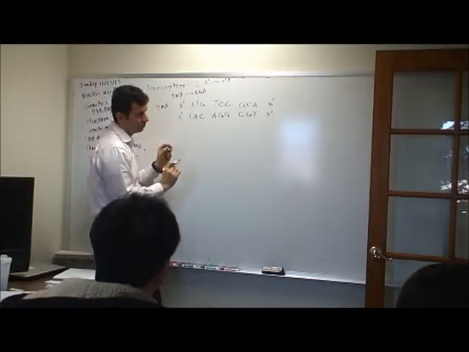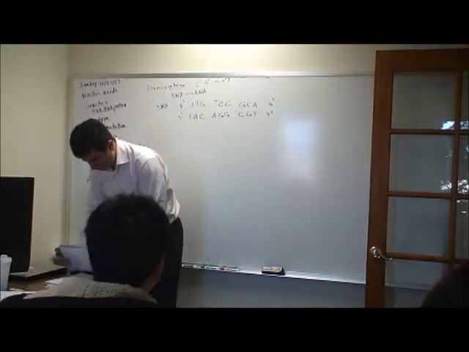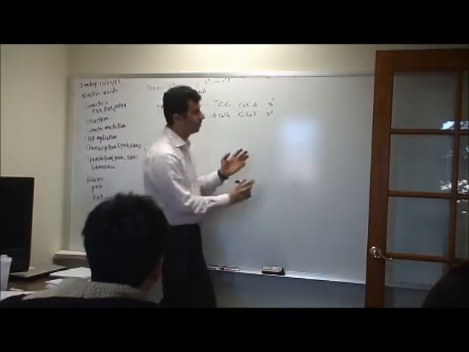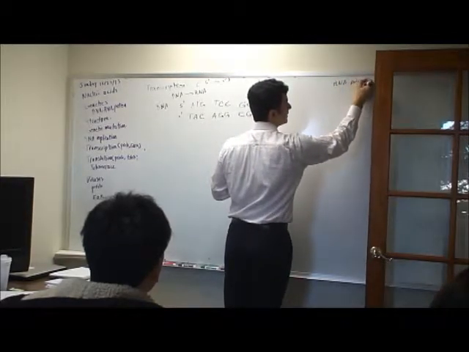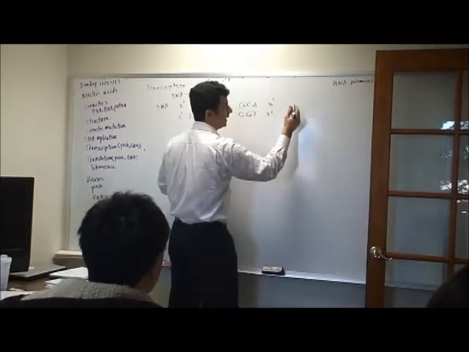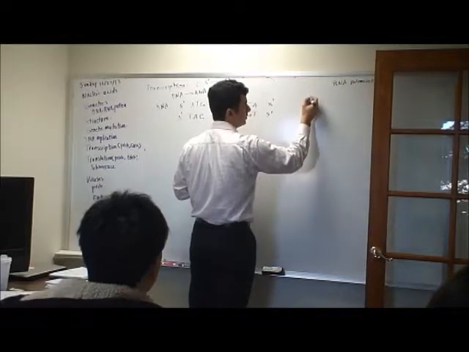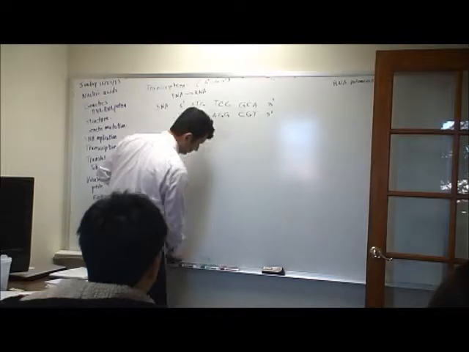Which one of them? So when it comes to RNA, I guess I should tell you, the enzyme is called RNA polymerase, right? RNA polymerase polymerizes and makes RNA, and you have to do 5 prime to 3 prime.